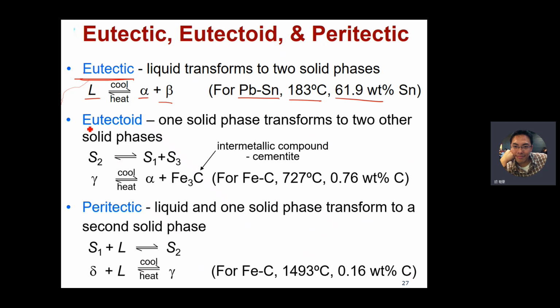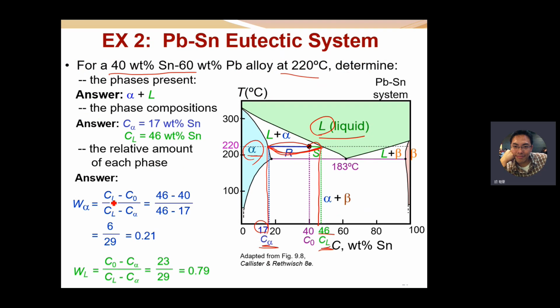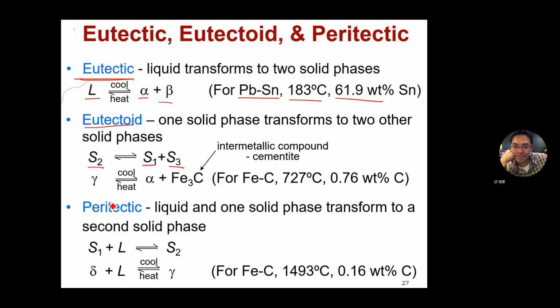And for the eutectoid reaction, one solid phase transforms to two other solid phases. That means we have one solid transforming to two solid. For this tin-lead system, there's no eutectoid reaction present.